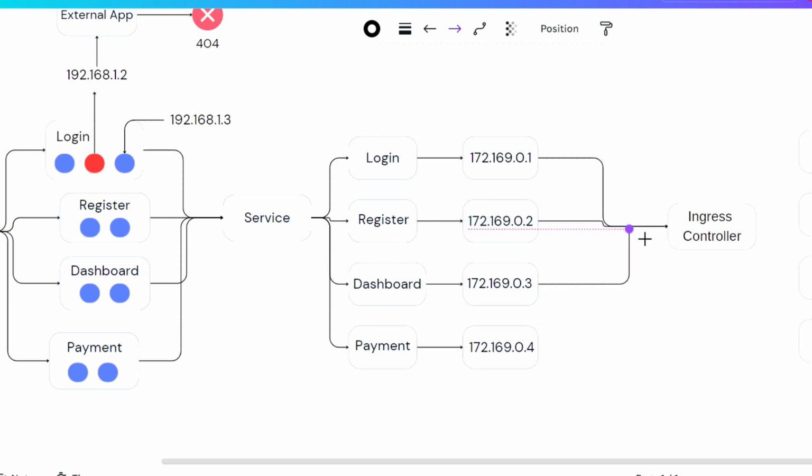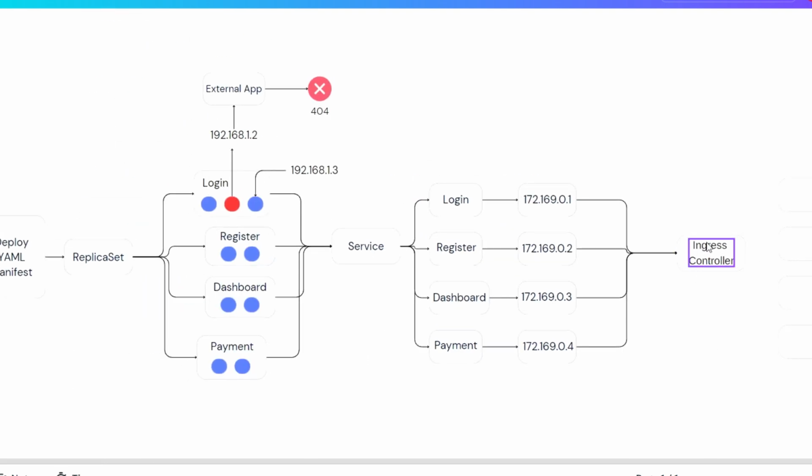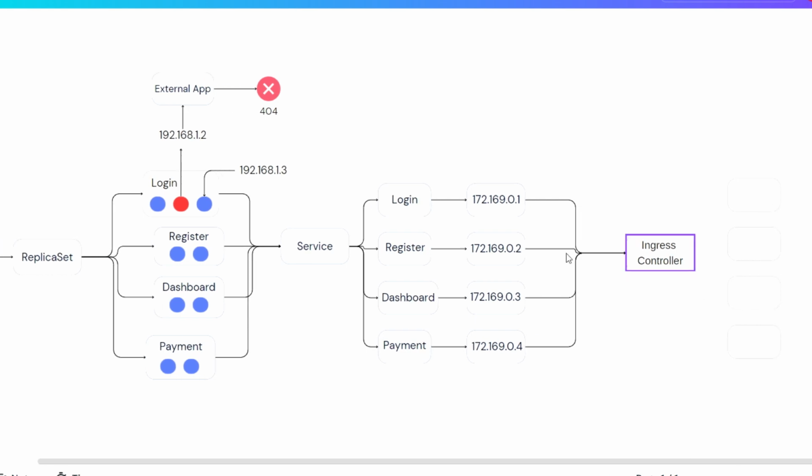What exactly this Ingress controller does is that it takes all the services into a YAML manifest. This is the Ingress controller. It takes all the services that are provided into a single path, and it divides those paths as subdomains.